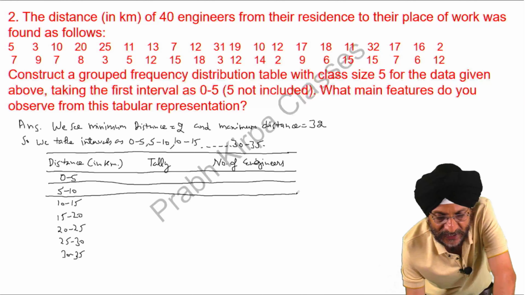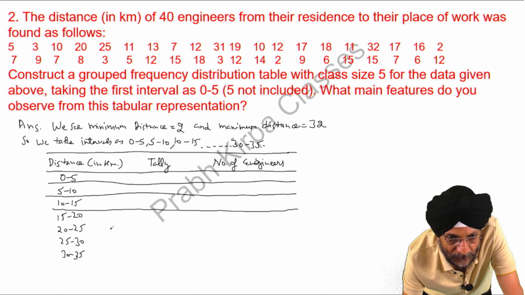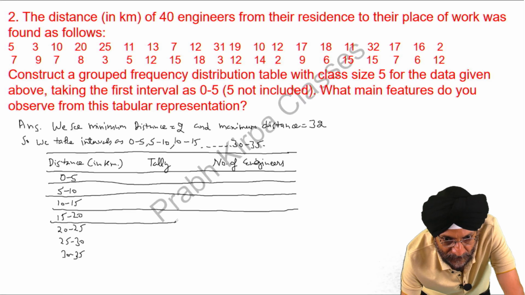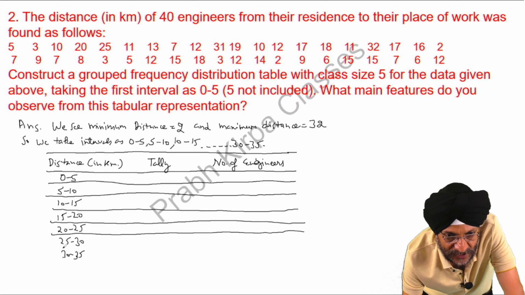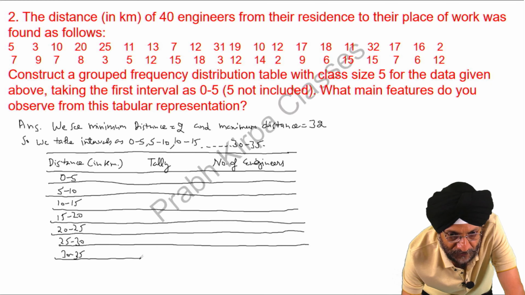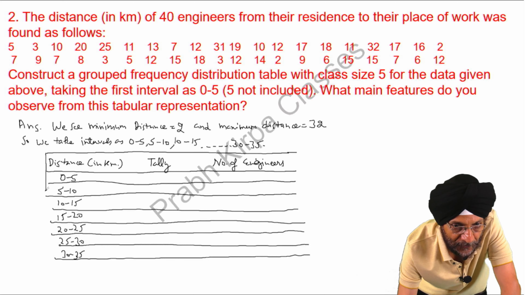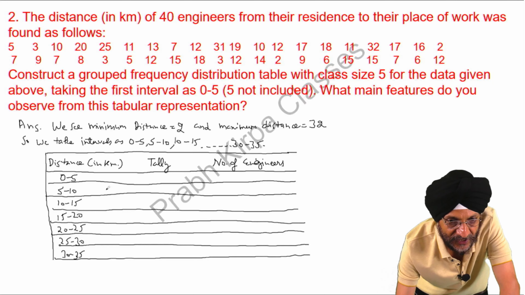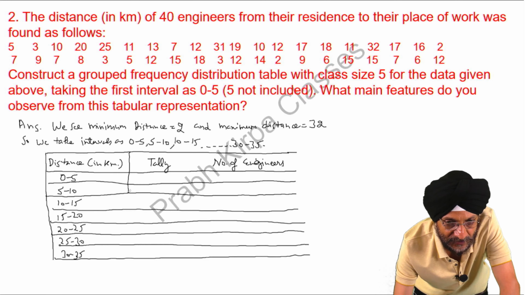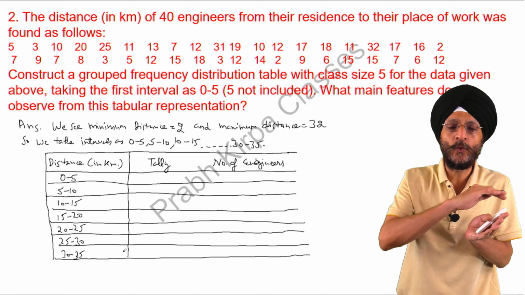We will have to add these lines, because if we do not mark these lines, the tally marks may merge with each other and we will not be able to arrive at a particular conclusion. So here we have formed the intervals, that is, the distances which the engineers have to travel.